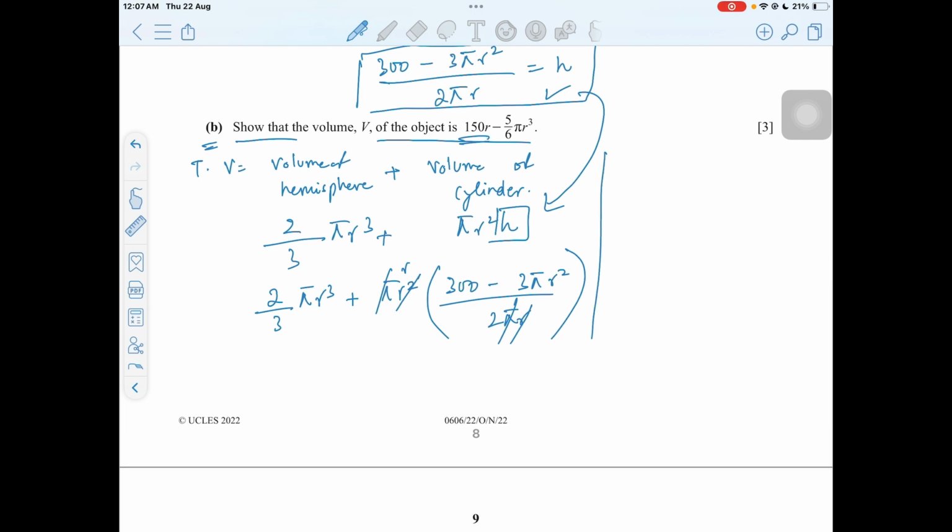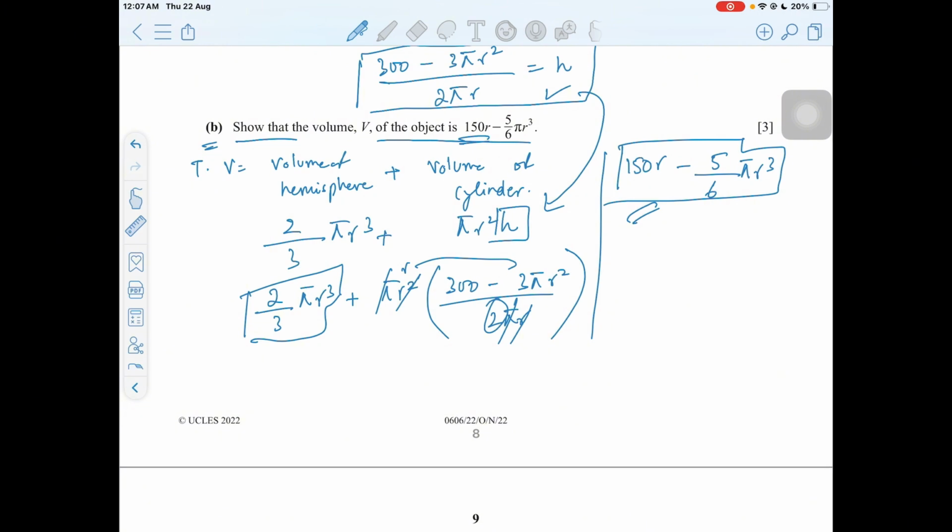We have our 150 r, and this r is multiplied by this. This would be 3 pi r cubed upon 2, and this 3 pi r cubed upon 2 is subtracted from 2 upon 3 pi r cube. So we get this in negative, and if we use the calculator, we get our answer as negative 5 over 6 pi r cube, right?